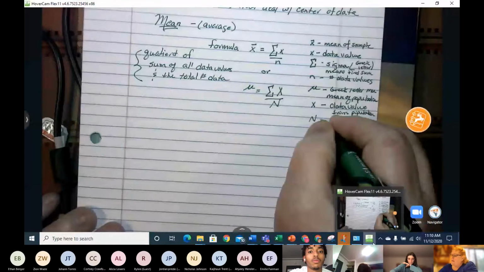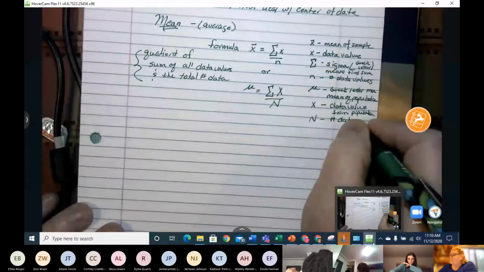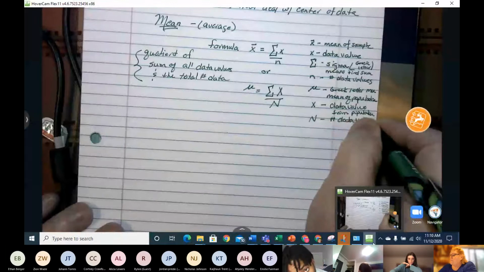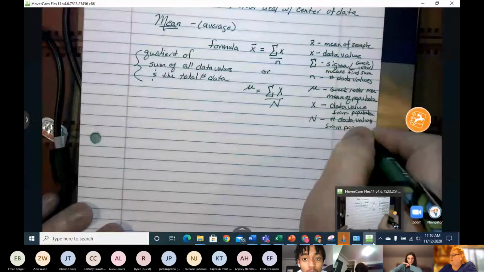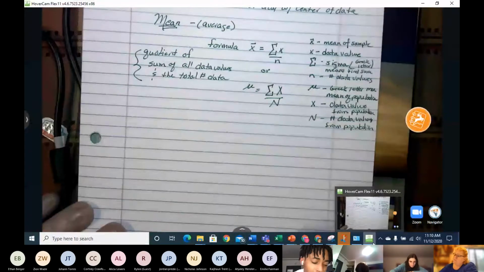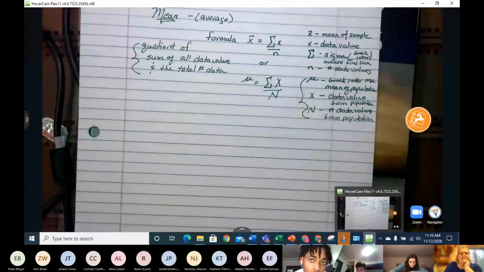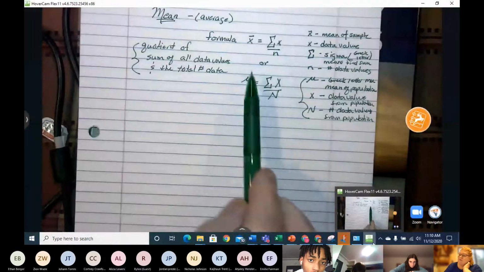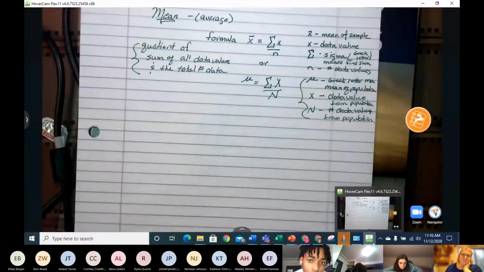And the capital N is the number of data values, and again, from the population versus the sample. The sigma still means the same thing. It means add them all up. So really, the only difference in the formula is whether it's a sample mean or a population mean. That's really the big thing you need to know.